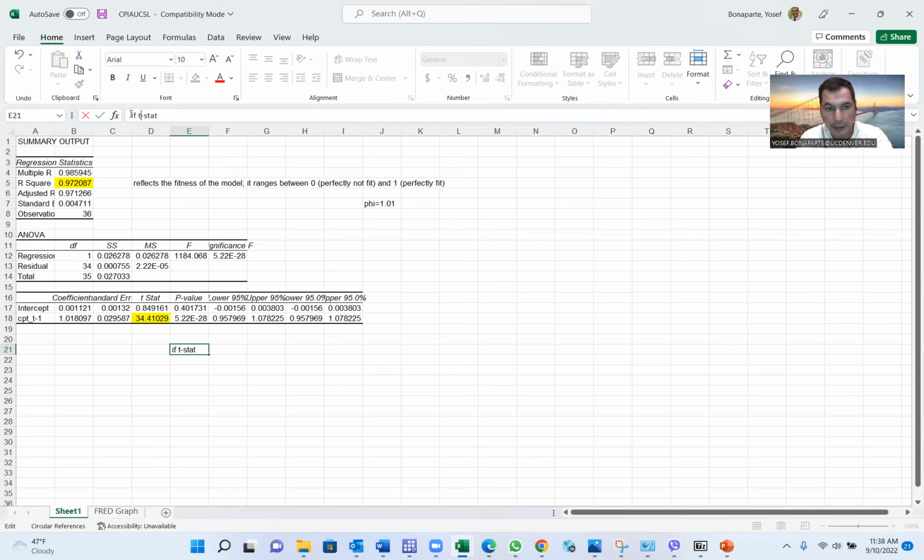If the absolute value of the T-stat is greater than 2 or in the neighborhood of 2, then you say the results are statistically significant.